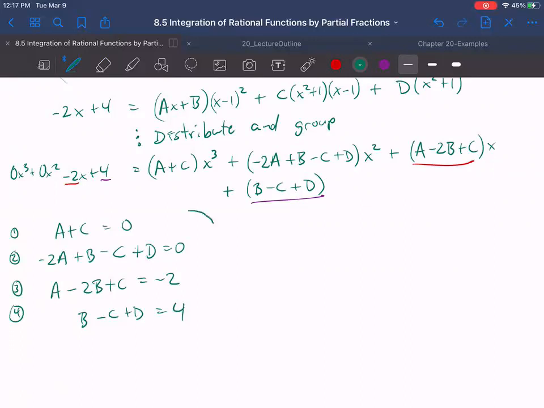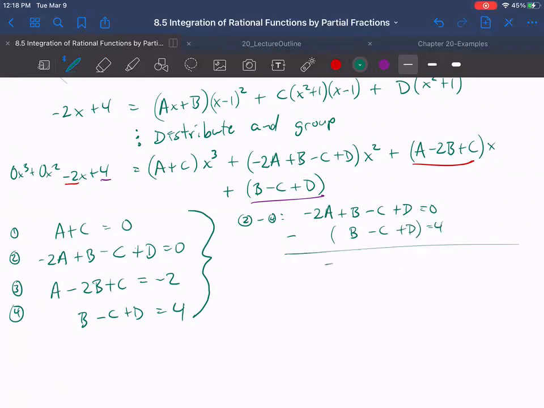Do you need me to show you all of it? Like 2 minus 4: negative 2a plus b minus c plus d equals 0, minus b minus c plus d equals 4, and so this will just be negative 2a equals negative 4, so a equals 2.